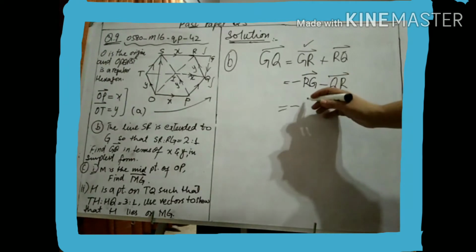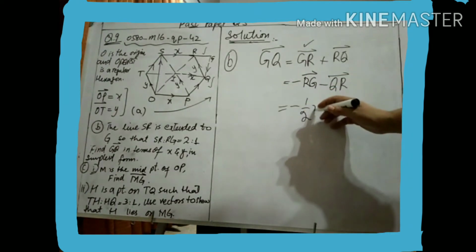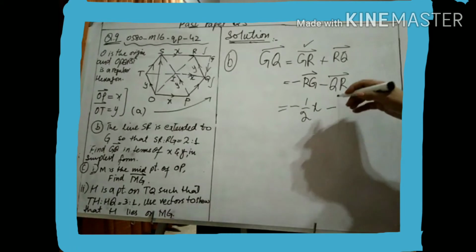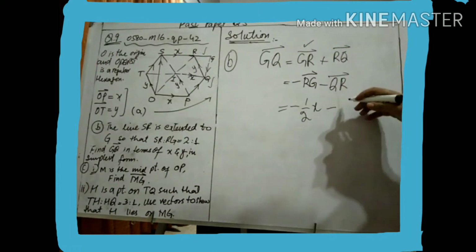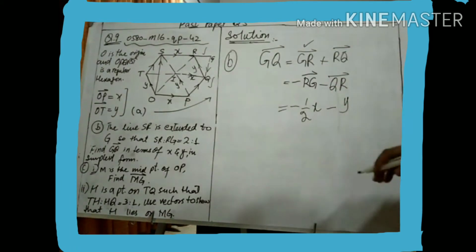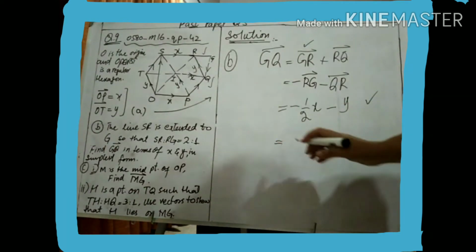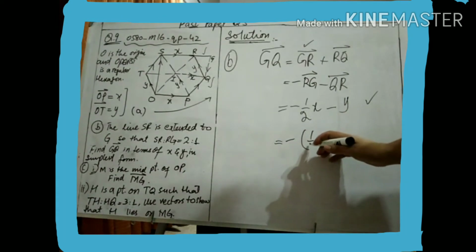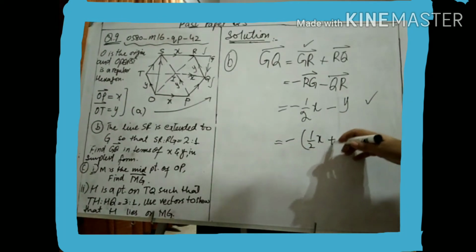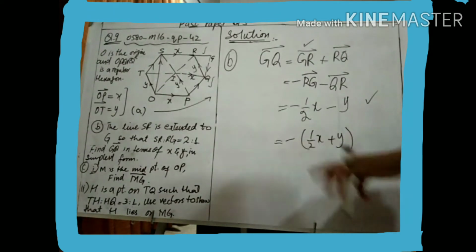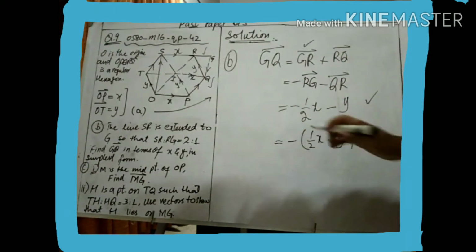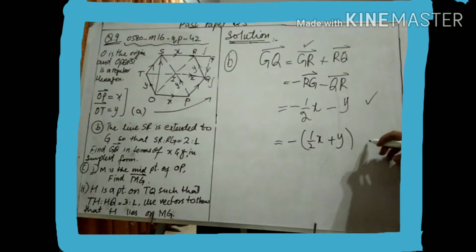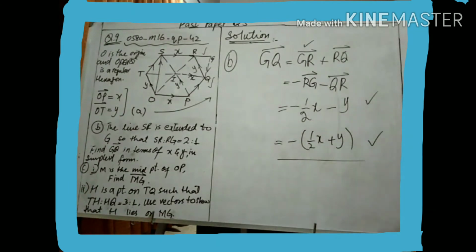Now it is minus RG, which is half of X, and QR is Y. So this is the answer. If you want to write it in simplest form, then it will be minus 1 over 2 X plus Y, and this negative sign we can take as common. So this is the final answer of B part.